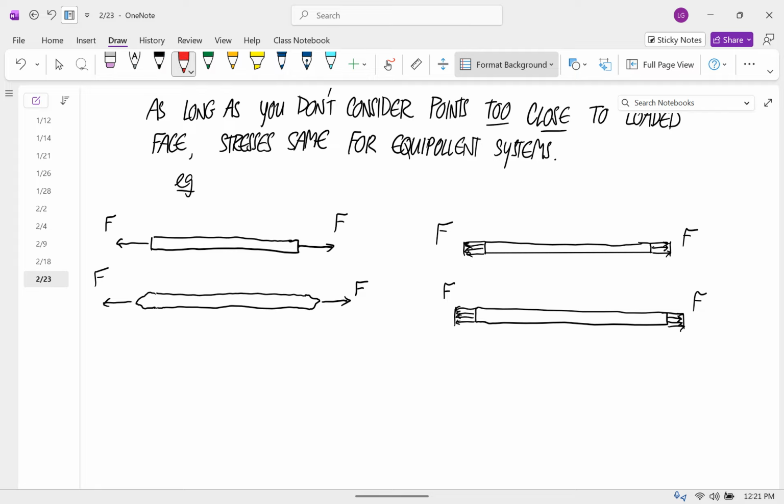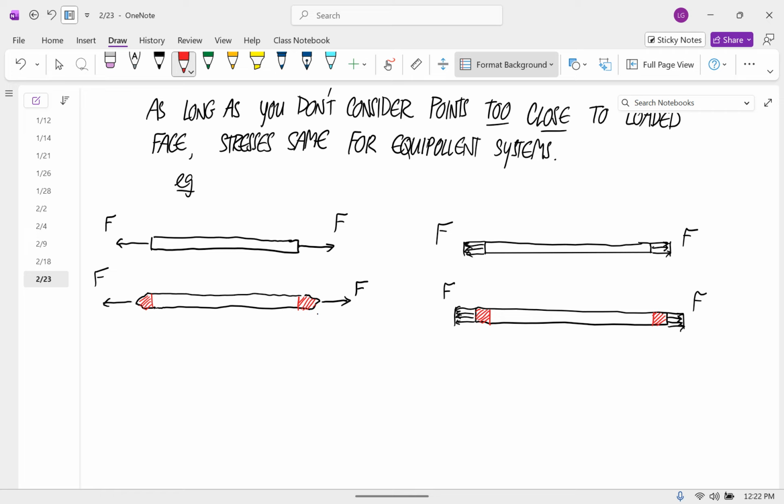But if you ignore the stuff that's happening close to those faces that are loaded, so you just accept that you don't have a way to figure out what's happening right next to those faces, then everything that's not crossed out in red, those stresses are going to match.